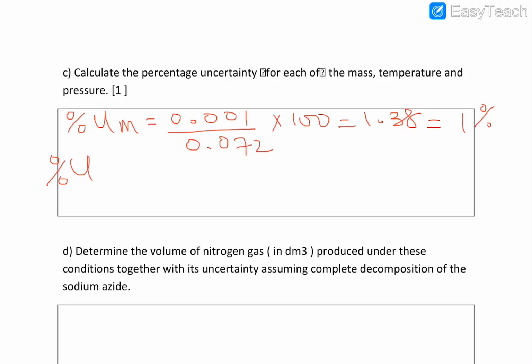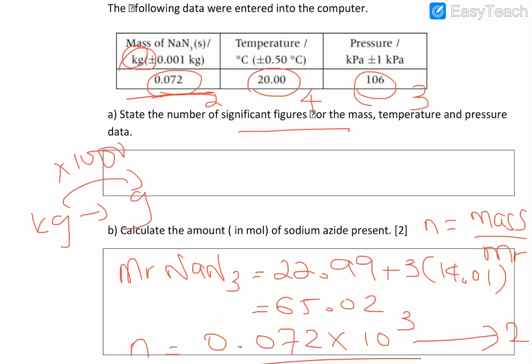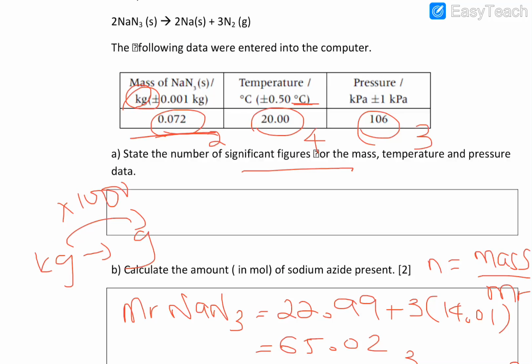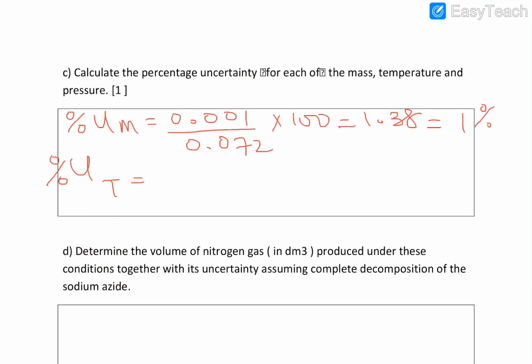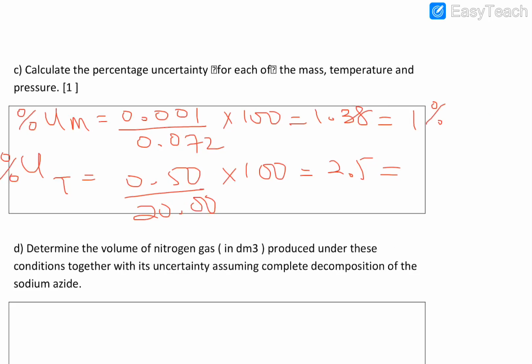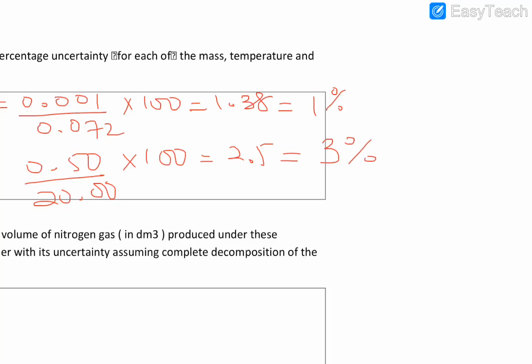Percentage uncertainty in temperature. So again here, that's in degrees Celsius, so no need to do any conversions. 0.5 divided by 20. That gives you 2.5%, and I'm giving this to 1 SF, so 3%.